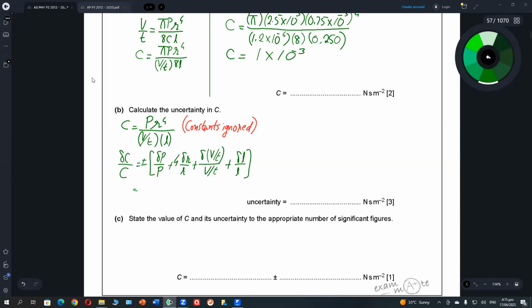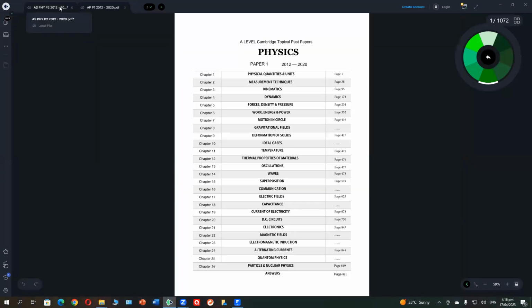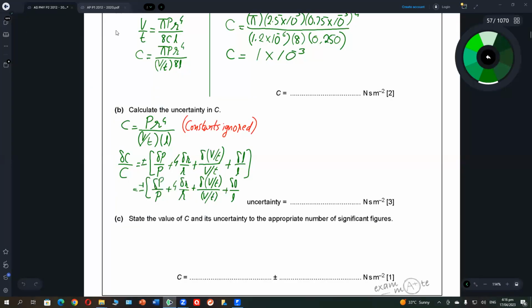Do not break V and T. Keep them together, because it's a single entity. Now it's up to here.